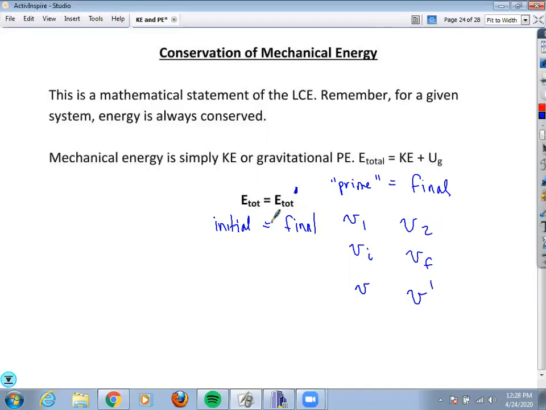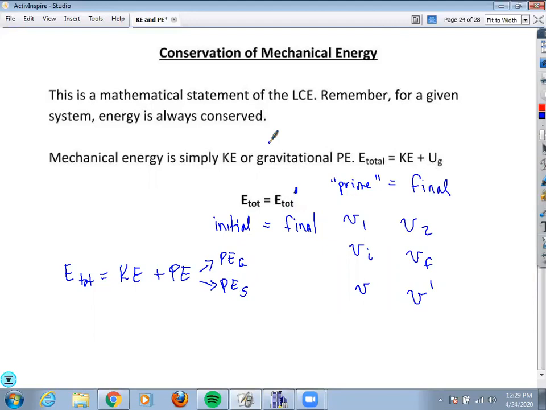So the total amount of energy in the system initially equals the total amount of energy in the system after an event has occurred. And how do we define the total amount of energy? Well, there are the two types. It's considered the sum total of the kinetic energy plus the potential energy. And of course, we have two types of potential energy in these examples, gravitational and elastic.